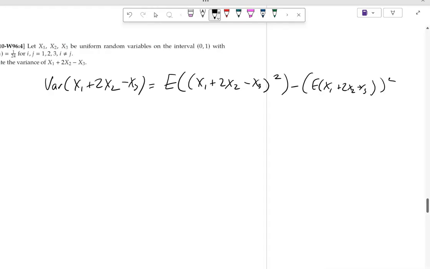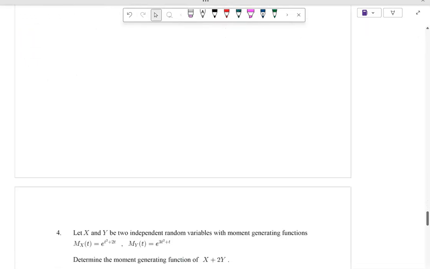Notice that when you multiply this stuff out, you're going to get an x1 times an x2, an x1 times an x3, an x2 times an x1, an x2 times an x3, an x3 times an x1, and an x3 times an x2. So you're going to get covariances twice for all the combinations of the variables. That's why I said you have to be a little bit careful with what you're adding, but it's the same concept we did when we came up with the other formula. All right. Anyway, I'll let you practice that one. It's not bad, I promise.